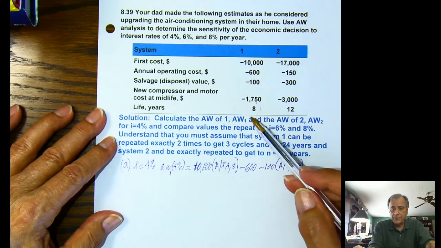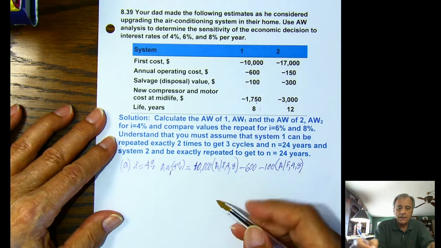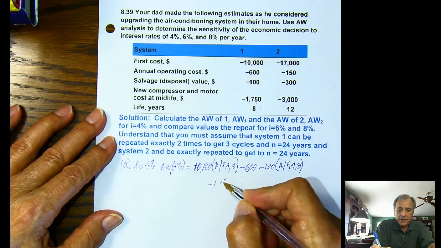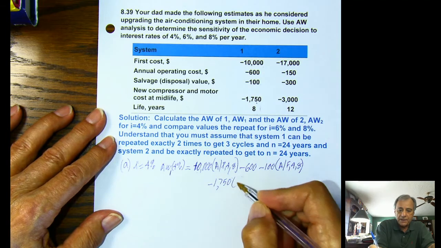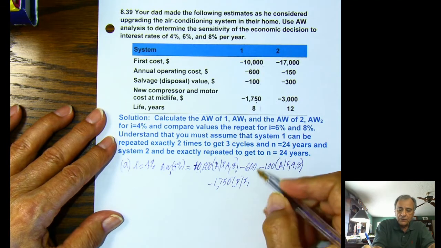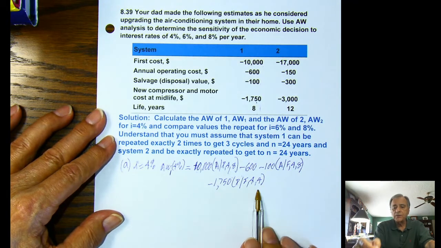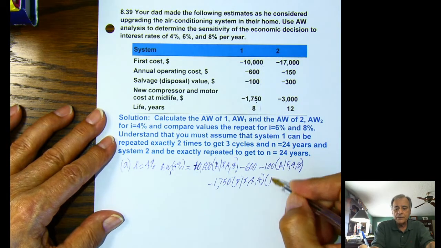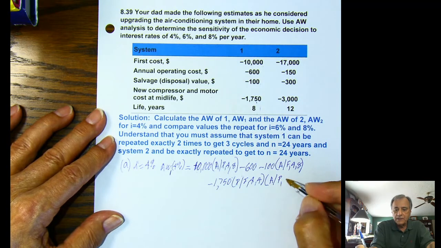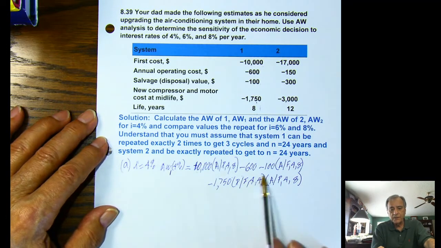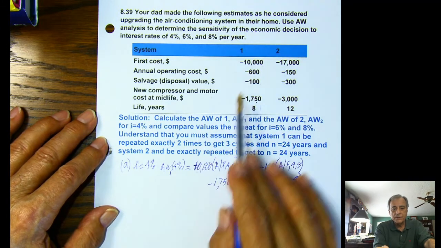That's the midlife of this system. So I will have to bring that back to the present as a single payment, P given F, 4% for 4 years. Now I have a present value. Spread that over 8 years, A given P, 4%, 8 years. So that's the equation at 4% for System 1.